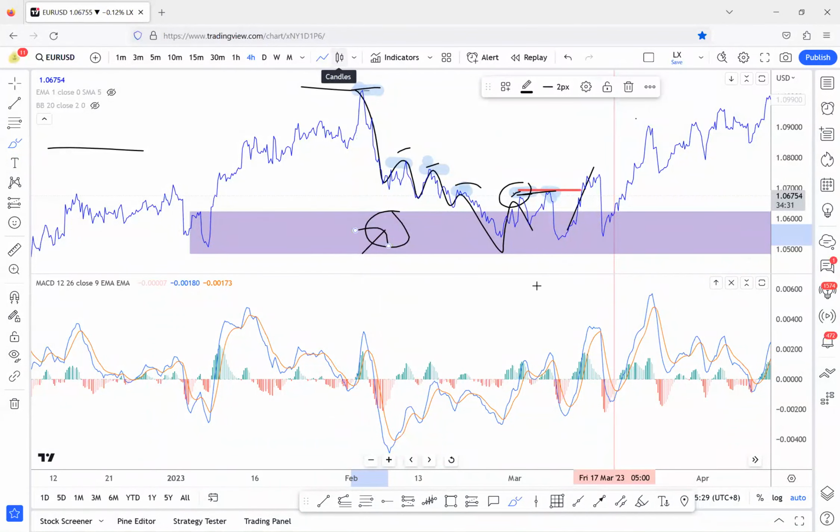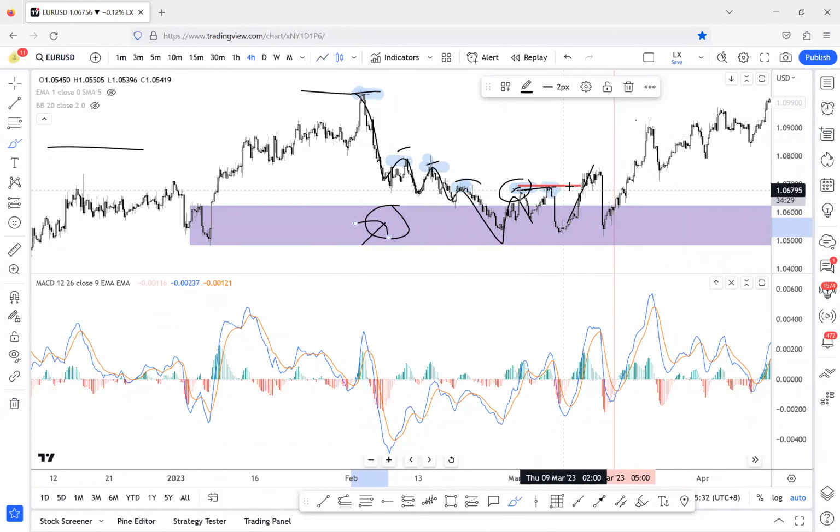Okay, so once we observe this break in structure on your higher time frame, it tells us that this is now aligned on your lower time frame. Prices are now moving and it's aligned with your higher time frame's order flow, or your higher time frame's direction. So when that happens, this is when we can use MACD as our confirmation. Following that break in structure, you can be looking at MACD forming a bullish divergence.